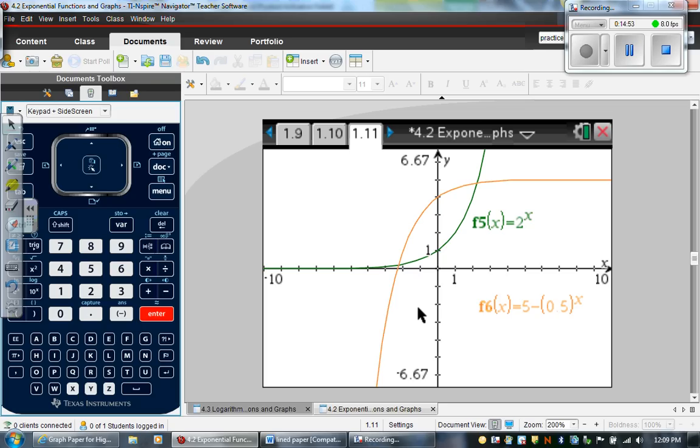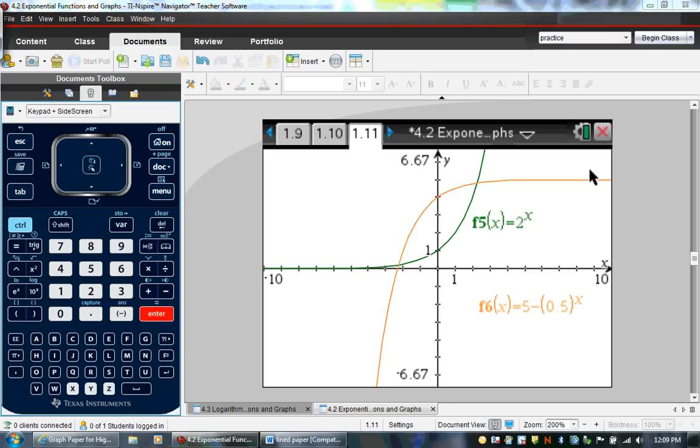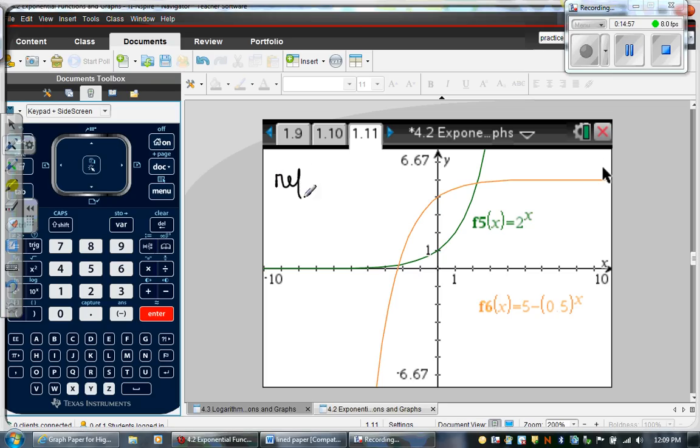So what we did was we had a reflection in the x, and then a reflection in the y. And then we shifted up 5 units.